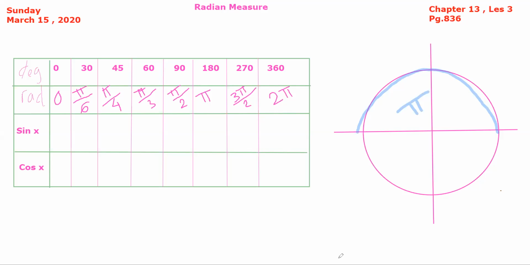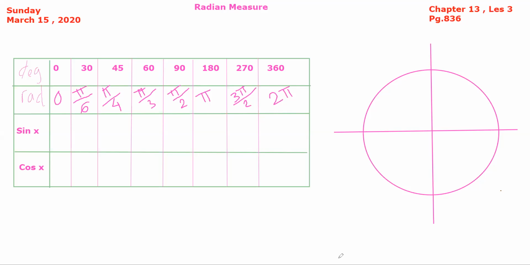So the semicircle has a rotation which measures pi, and a full circle rotates with a measure of 2 pi. Because of that, a semicircle has an angle of pi, and a full circle has an angle of 2 pi. Okay. Now, how can I find the sine and cosine of each angle?